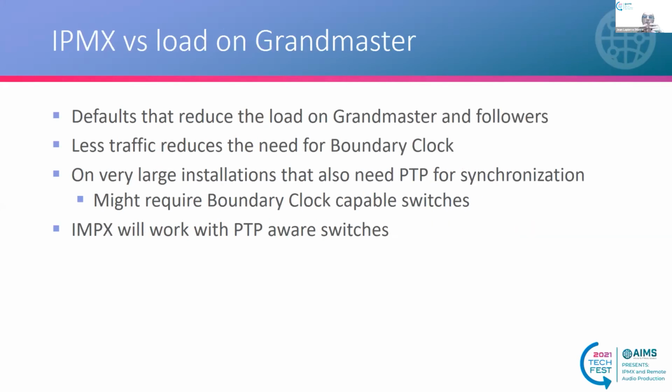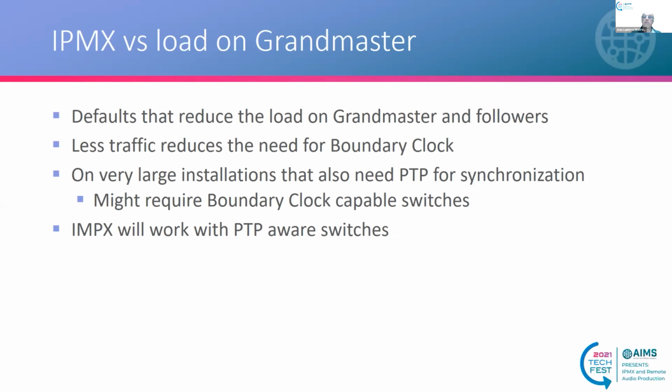Right. So if we look at the load on the Grandmaster that these PTP-aware switches can help with, well, the default values were picked for IPMX to minimize the load on the Grandmaster and also to reduce network traffic.